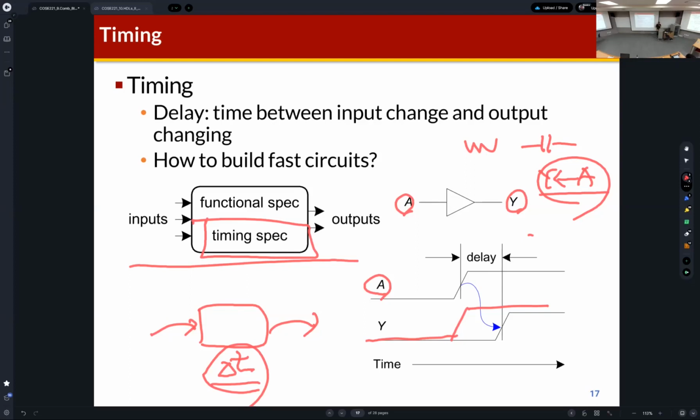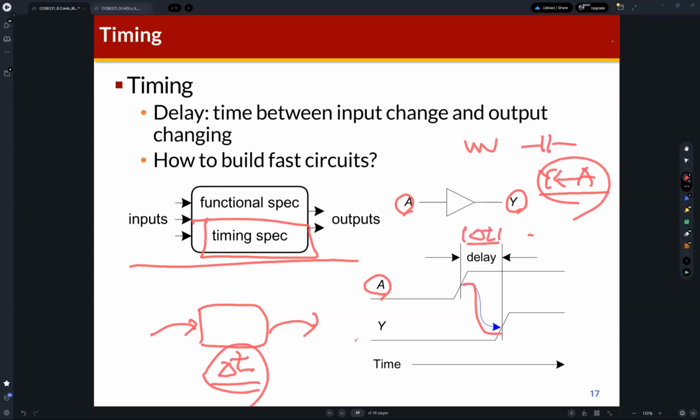But in the real world, this circuit has delay, the timing specification. So actually, Y changes after some delay. This amount of delay is delta t.